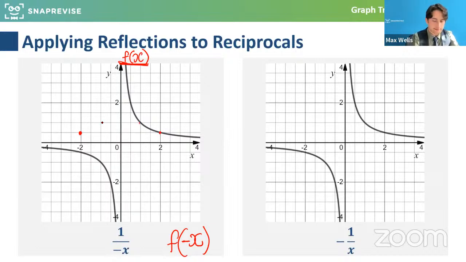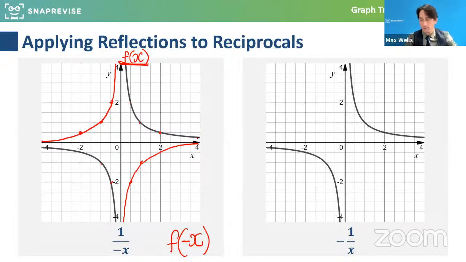So we're reflecting around this axis. And likewise down here, the x values are taking negative versions of themselves, and we get this image.